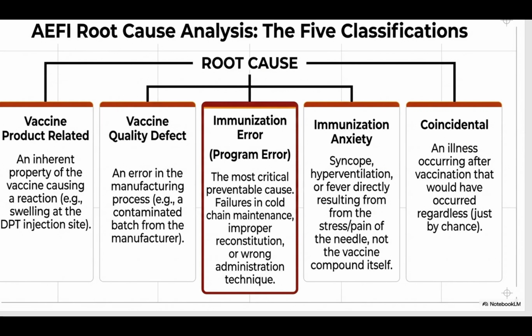There are some adverse events following the immunization. They can be vaccine related, quality problems, they can be program errors, they can be associated with anxiety of the patient, for example, the older adolescents, or it can be coincidental any illness which could have caused the adverse effect.